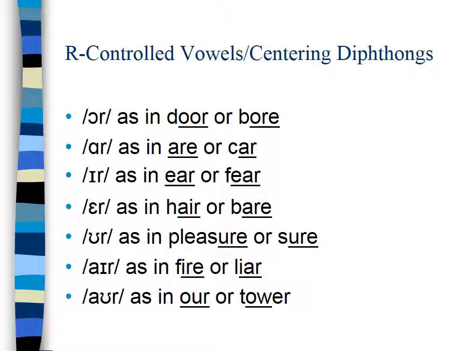In the case of the R sound, a vowel plus an R is actually considered a vowel in and of itself. So we call them centering diphthongs or R-controlled vowels. We have or, R, ear, air, ire, and our.